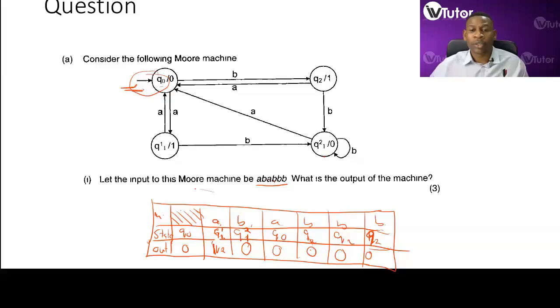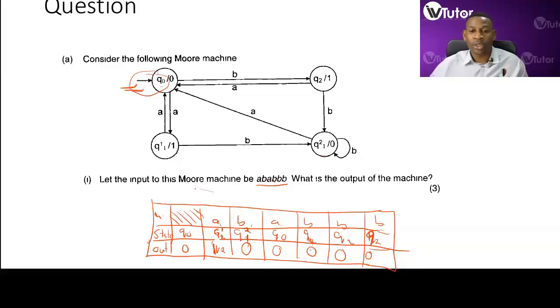Then P2 P2 Q naught Q2 state Q2 if in Q2 and you region O is 0, Q2 190 or Q0.